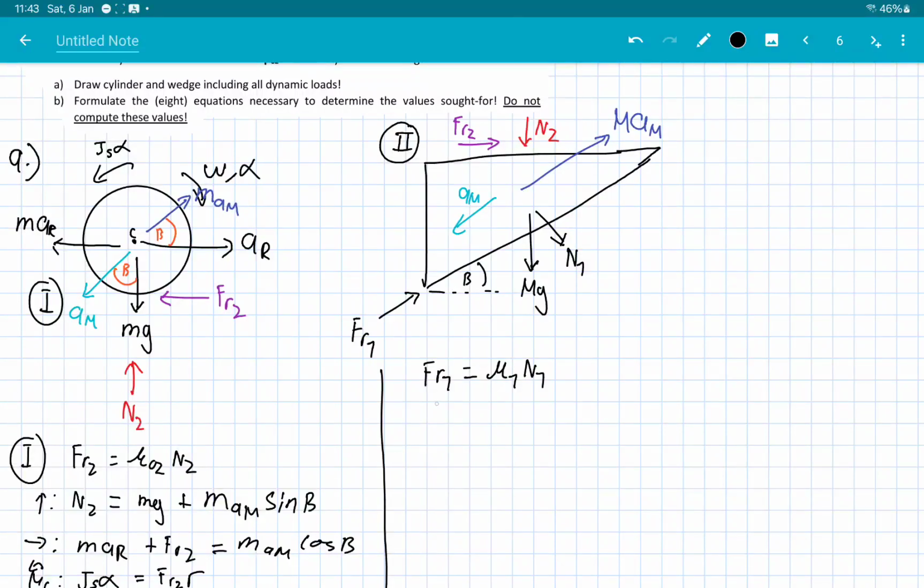And we know that N1 is equal to mg, and the angle here is also beta, so it's going to be mg cos beta. And for the vertical force.